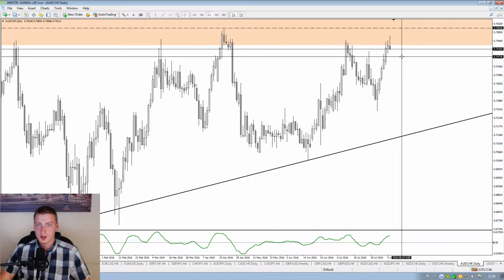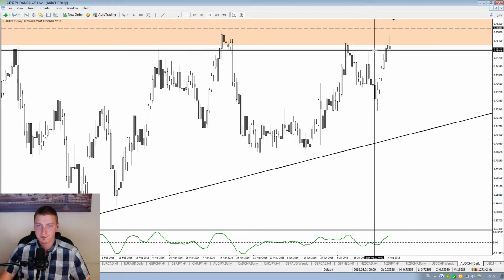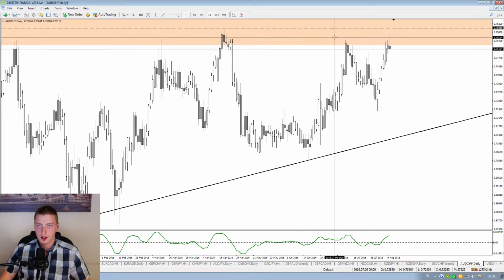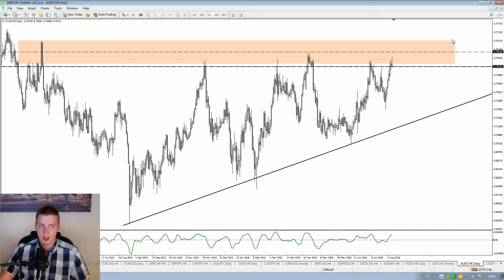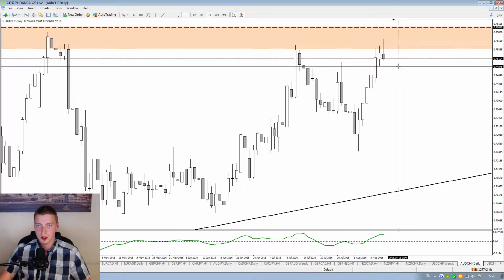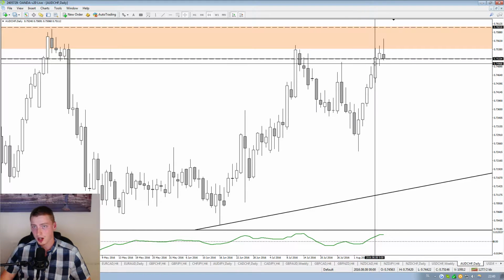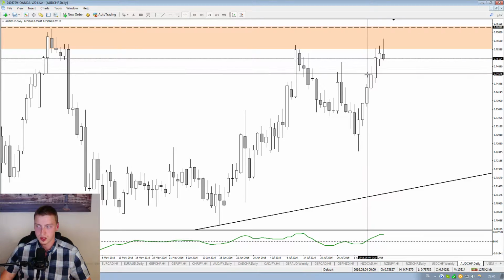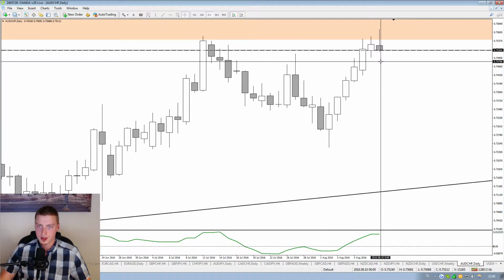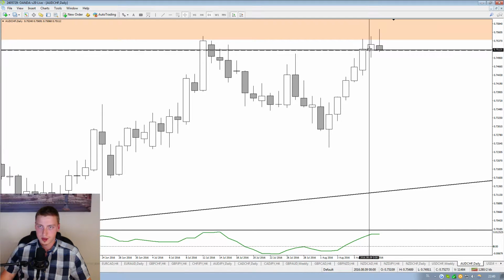But in this case, we've got a nice engulfing pin bar in these highs, okay? So let's redraw that. Very nice pin bar. These candles are a little bit strong.